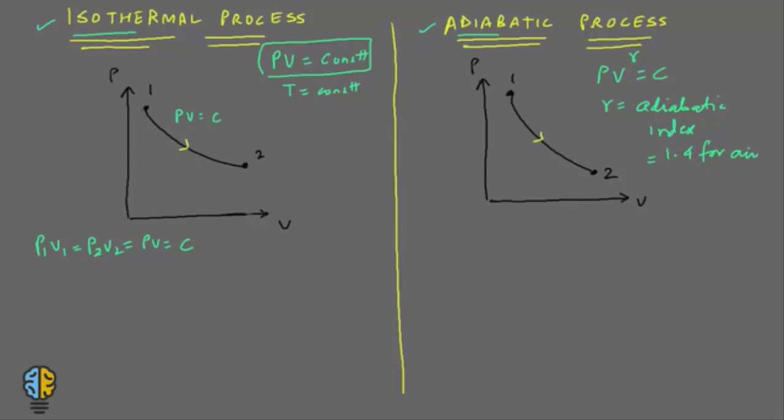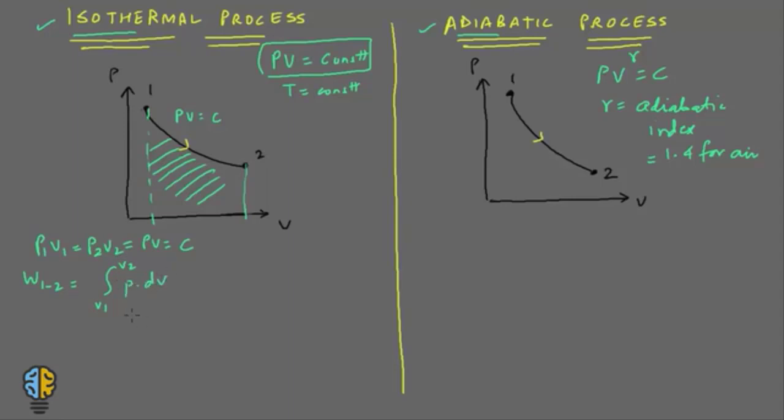Now let's find out the work done for isothermal process, and we all know that the work done would be the area under this graph. So this is the work done. So I can write down that W1 to 2 is equal to integral V1 to V2 of P dV.